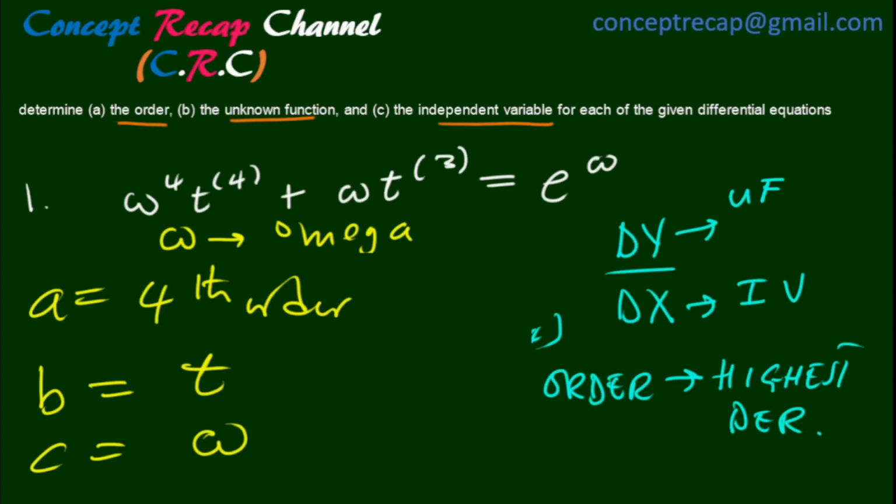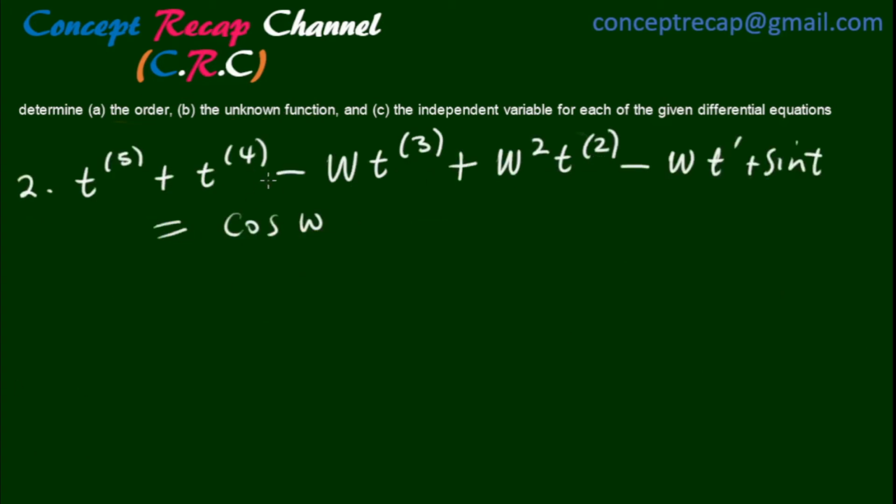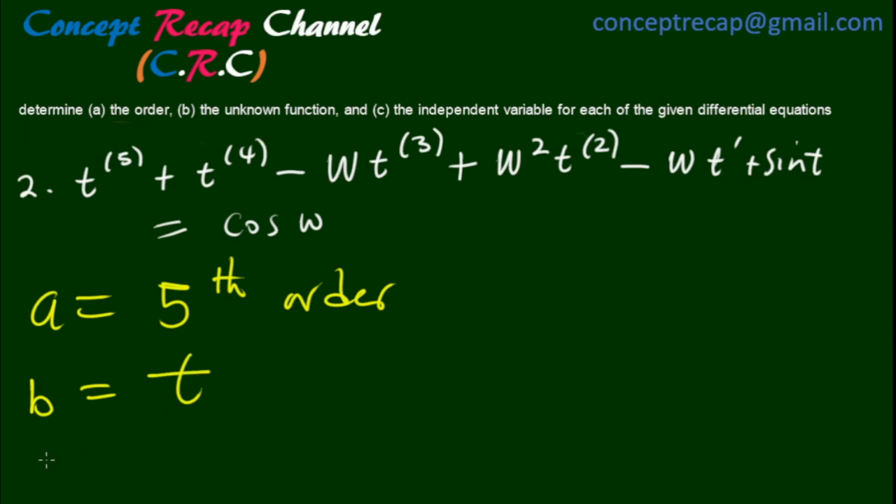Now the second question is this. Just as we did with the first one, the highest derivative in this one, according to what I can see, is fifth order, and the unknown function is t.